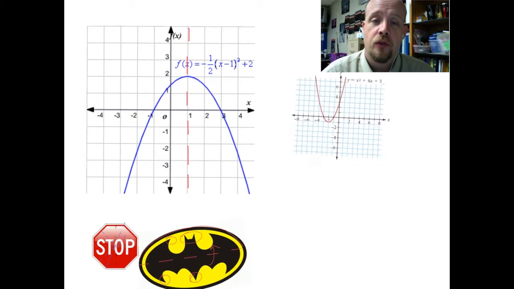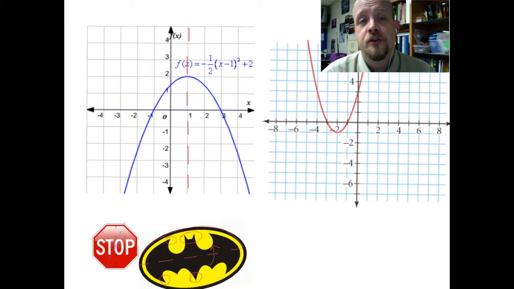Hopefully you're noticing that these axes cross through a very specific point on both graphs, a point we've talked about before: the vertex of each graph. An axis of symmetry will always pass through the vertex of a parabola.